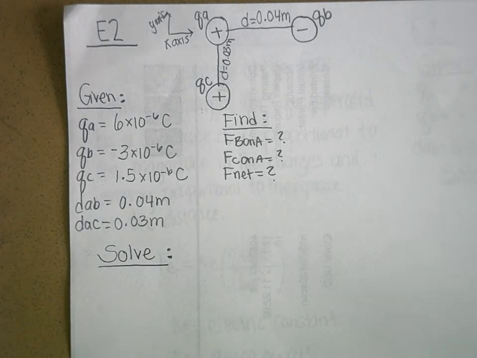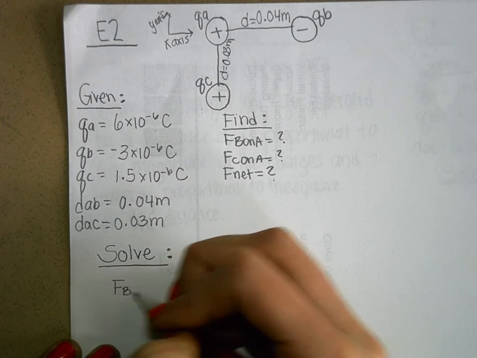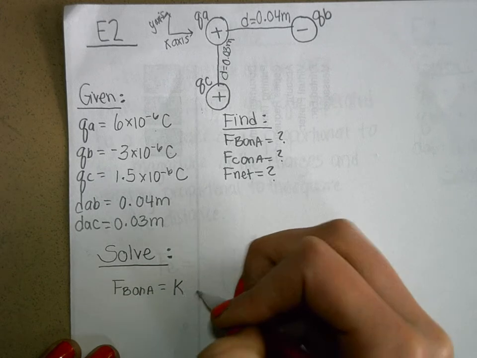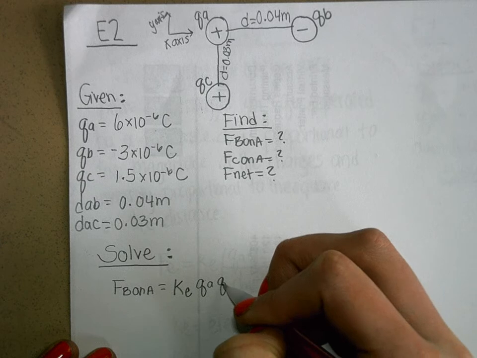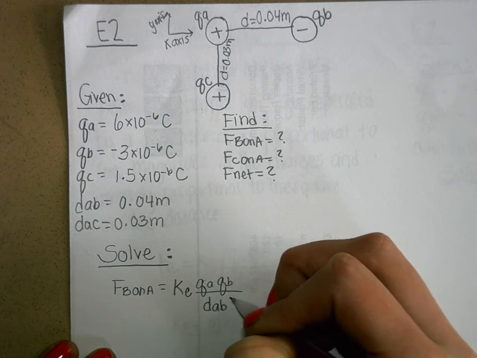So we just set it up the same as we did on the problems before. The force of charge B on charge A is equal to the electric constant times charge A times charge B divided by the distance between A and B squared.